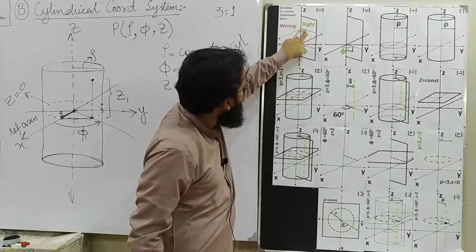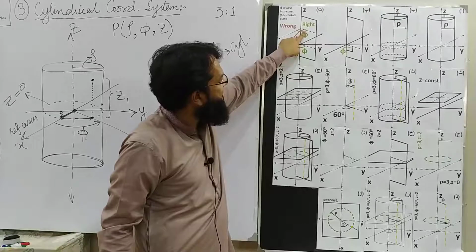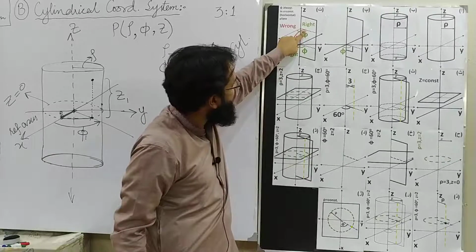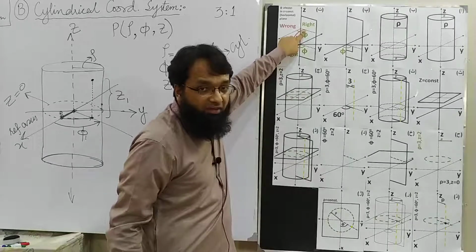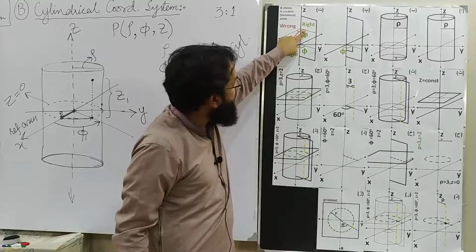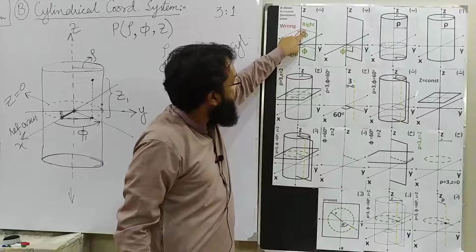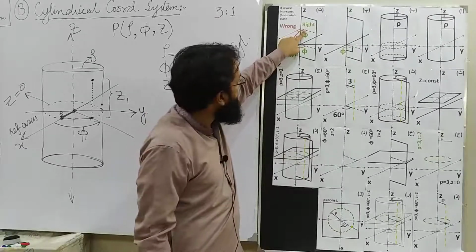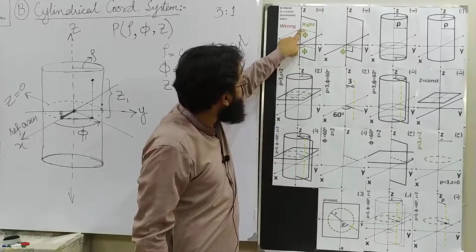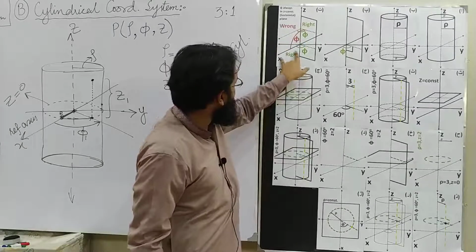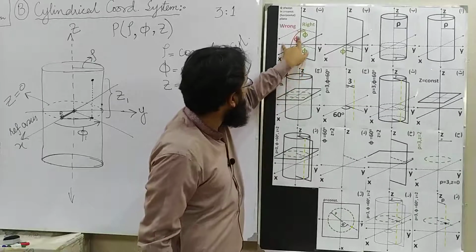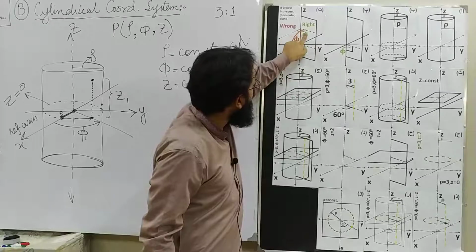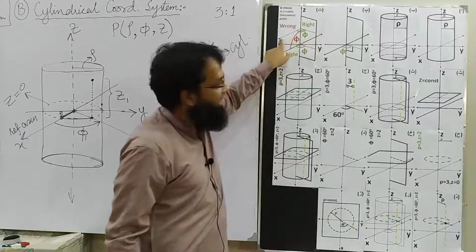If I'm standing here at this point on the door, on that phi equals constant plane, and I want to find the angle with respect to the reference axis, which is the x-axis, the right way is to slide the x-axis to the same height and then measure the angle between this line and that line.